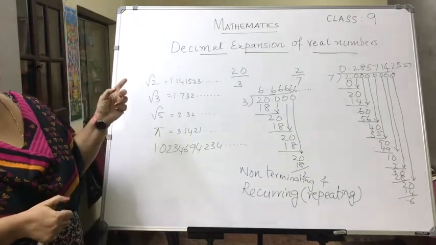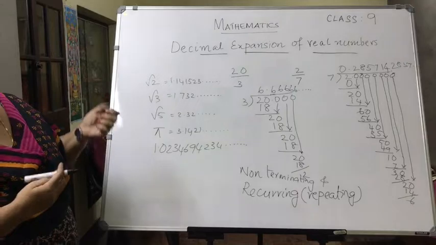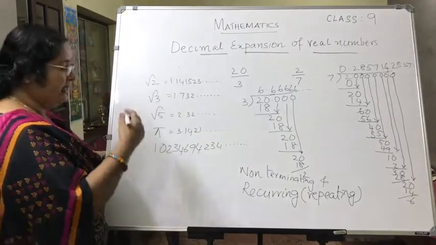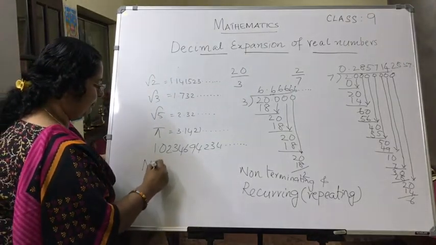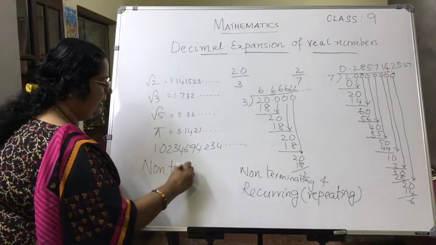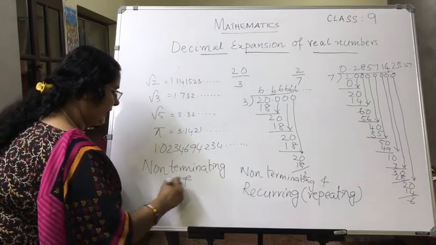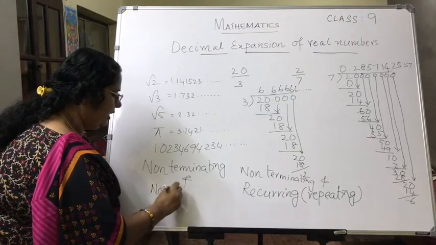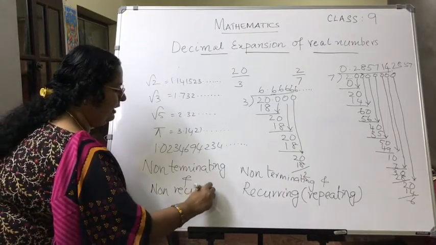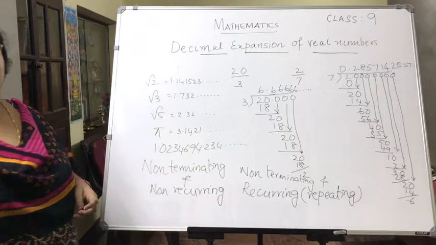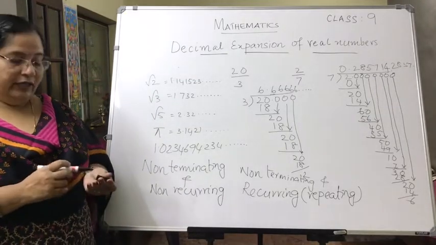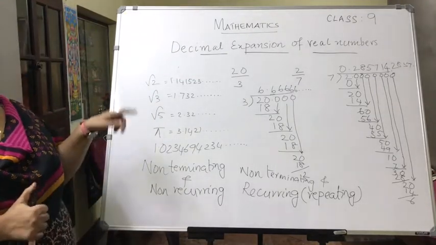The decimal expansion of irrational numbers is non-terminating as well as non-recurring. It is not stopping as well as it is not repeating. So what can you say about the decimal expansion of irrational numbers?